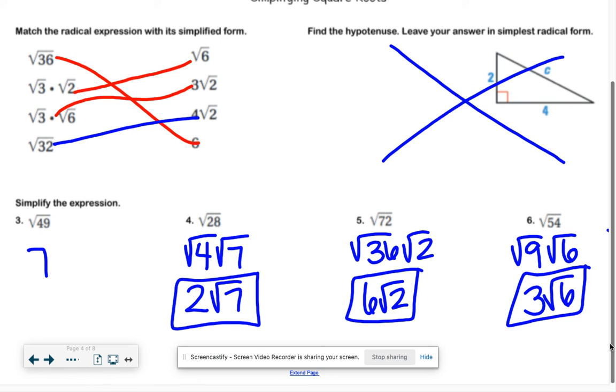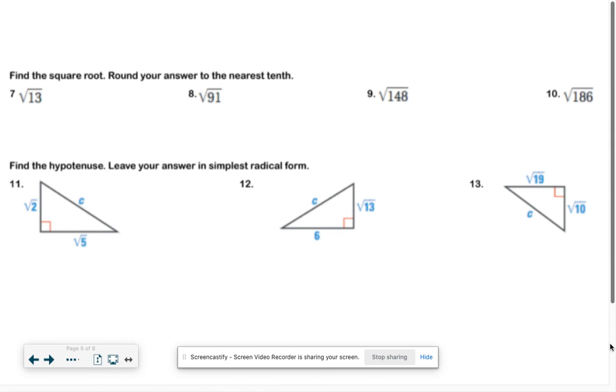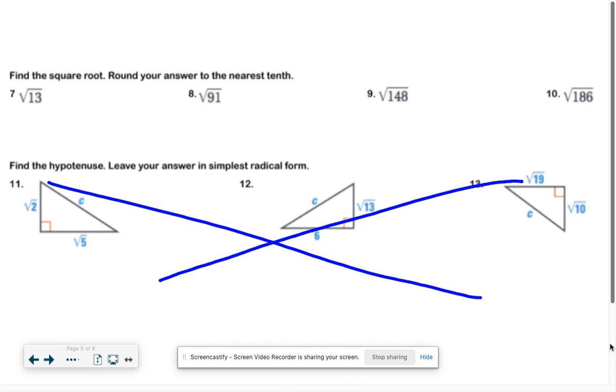Okay, the next 7 through 10, you guys just type those in your calculator and get a decimal to one decimal place. Just a decimal. We don't simplify. So that's kind of nice.